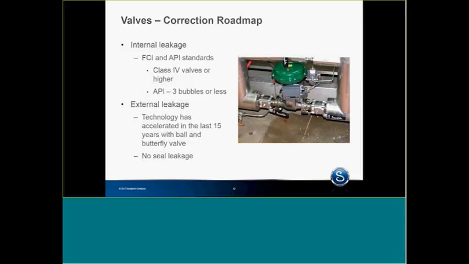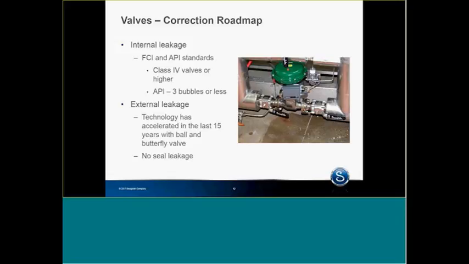The thing about internal leakage is you have to understand FCI and API standards. Any valve you put into the steam system today, the FCI standard must be class 4 or higher. Class 4 or higher. The highest classification is 6. If you want to buy class 6 valves, great. That's no leakage. Or, no, I shouldn't say no leakage, very, very, very low leak rates.